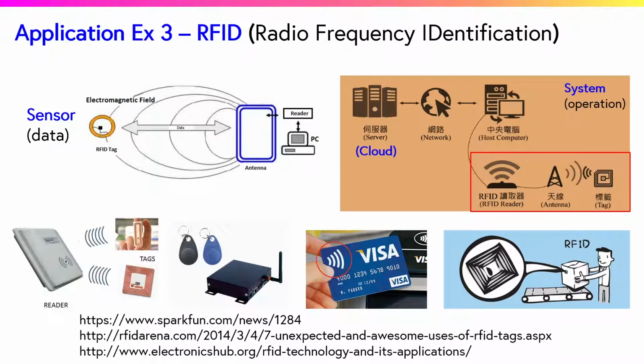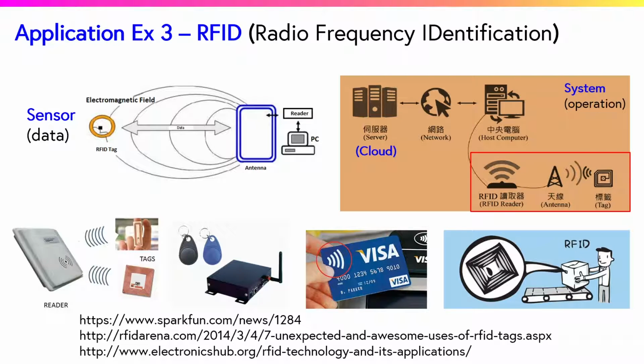The reader will transmit the electromagnetic field, which is an EM wave containing energy, which is wireless signals, through antennas to the tag. So this is electromagnetic fields based on electrical and magnetic interactions. The EM field received by the RFID tag will be converted into electronic energy.